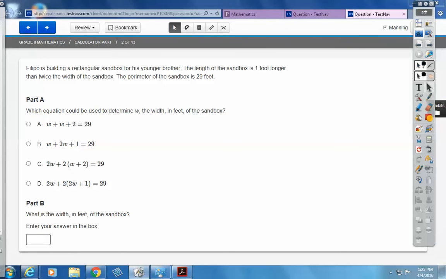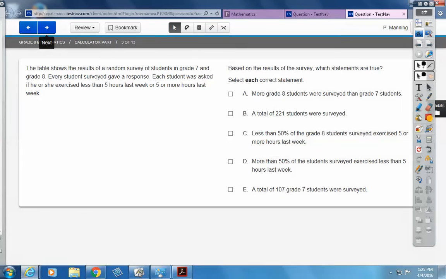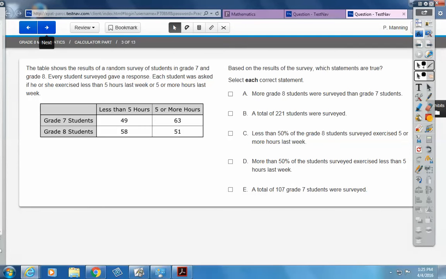Number 3. The table shows the results of a random survey of students in 7th and 8th grade. Every student surveyed gave a response. Each student was asked if he or she exercised less than 5 hours last week, or 5 or more hours last week.